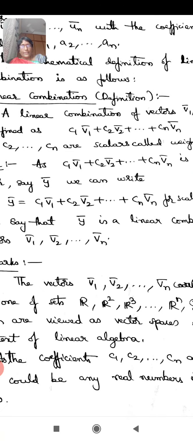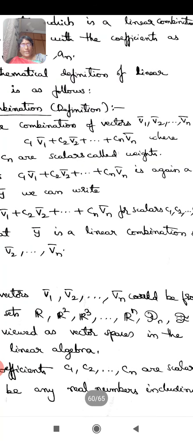So the sum of scalar multiples of vectors is nothing but again a vector, and that vector is called the linear combination of the vectors v1, v2, so on vn.